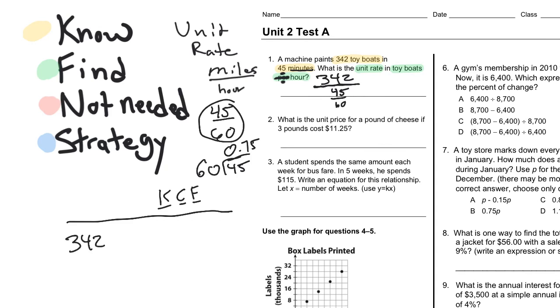I'm going to rewrite it so that it makes sense to me. 342 divided by 45 over 60. All right. I can use keep, change, flip. Okay. First, 342 is actually 342 over 1. So I'm going to keep it as a fraction. So I know that keep 342.